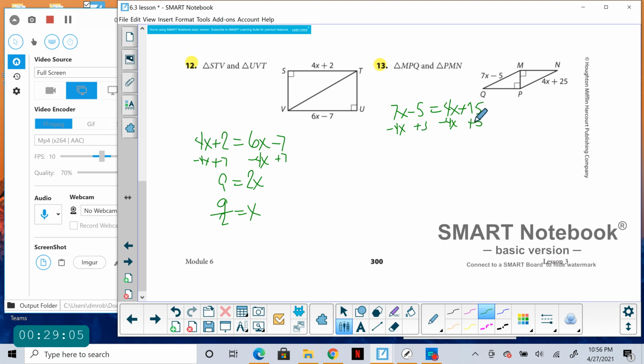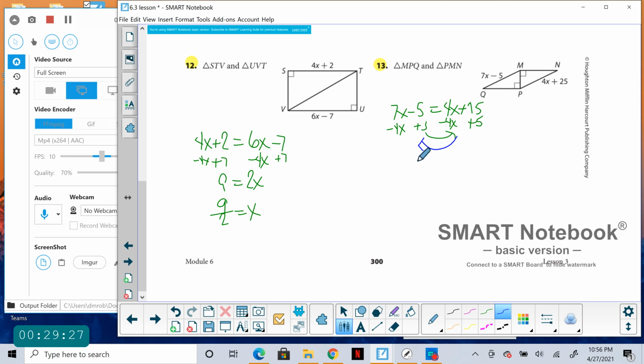And you can do them in separate steps if you need to see it, but I am just moving the whole numbers to one side and the x values to the other side, so that I have equations.